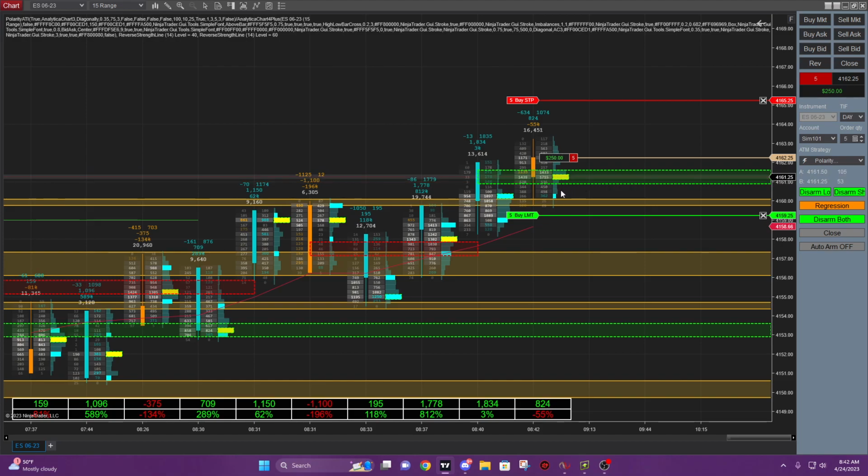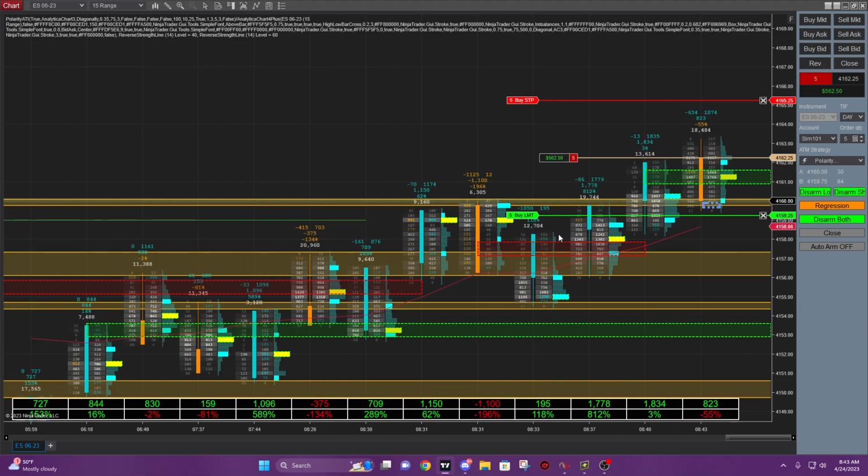Probably we can reach below this point of control area on this candle. I think we can probably push down if we get some volume kicked in right around here. It would be good to see if this hit our take profit with positive delta as well. That'd be a good sign for us.